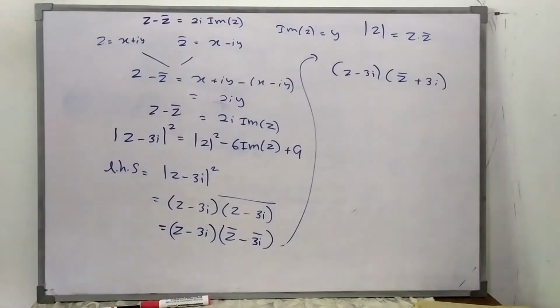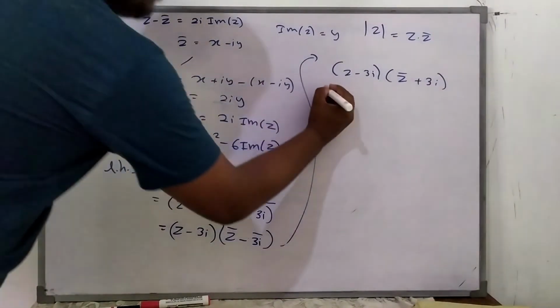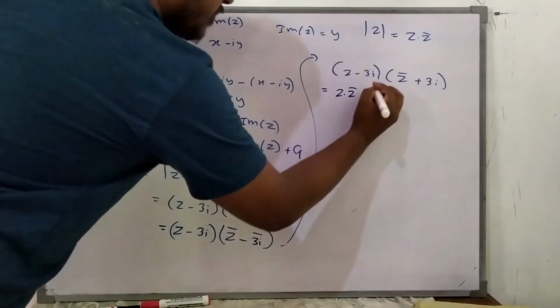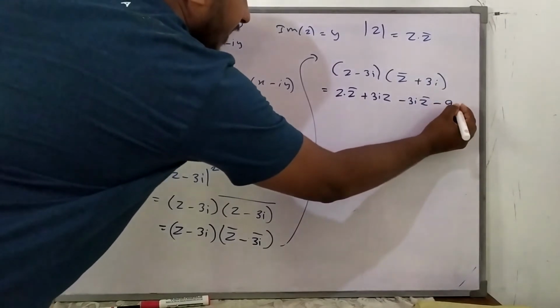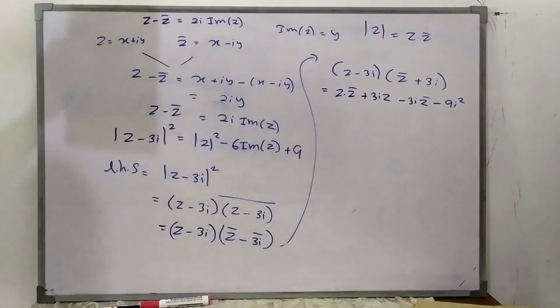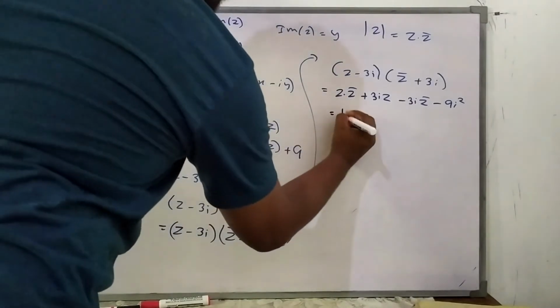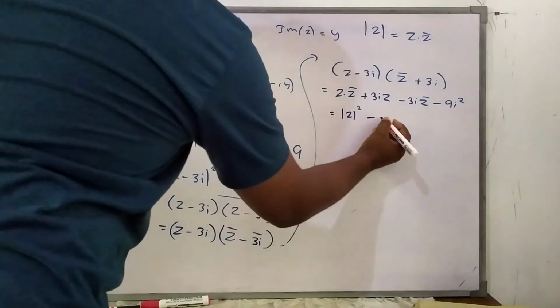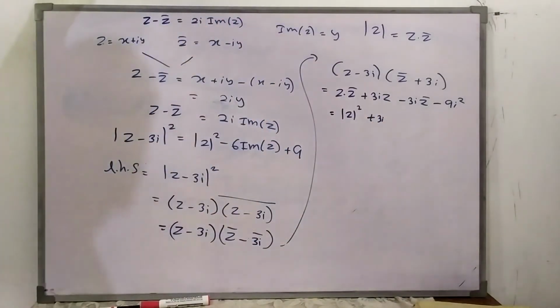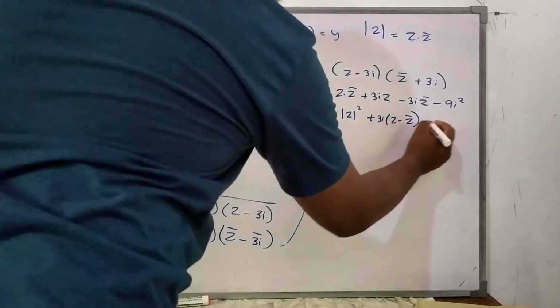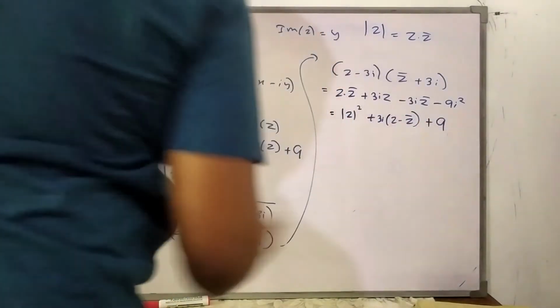Bar means always the imaginary part is changing its sign. So then now you can see this is z z bar plus 3i z minus 3i z bar minus 9i squared. So 9i squared means plus 9. Then this is modulus z squared. You can take 3i out, right? z minus z bar minus 9. So what is this?